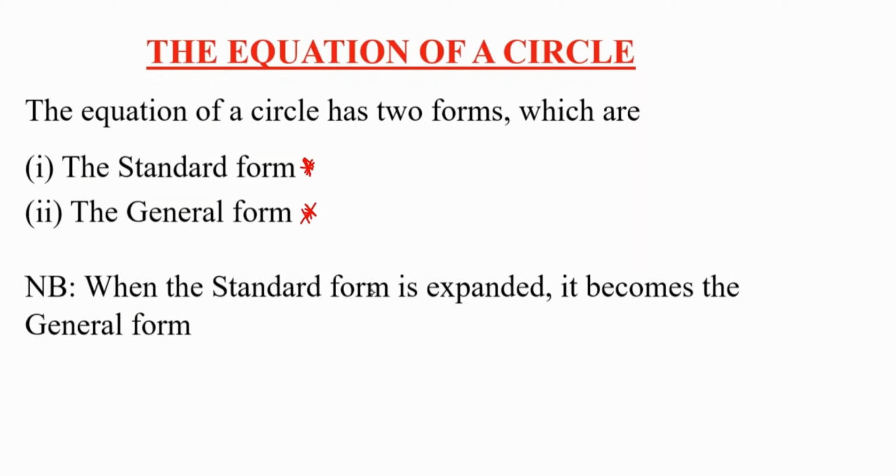It simply means that if we are able to get the standard form, we can further expand it, and that will lead us to the general form. So you have the standard form, then by expansion, we can easily get the general form. Having known the various forms of the equation of a circle, now let's move to the proof of the standard form of the equation of a circle.